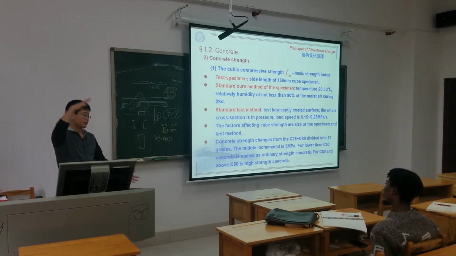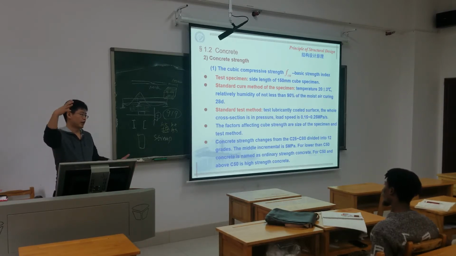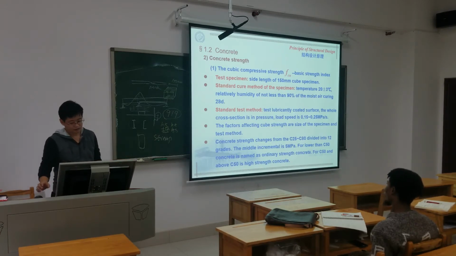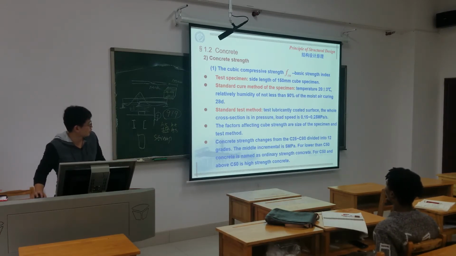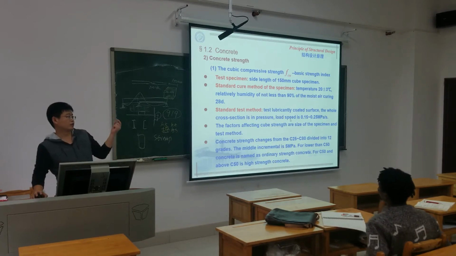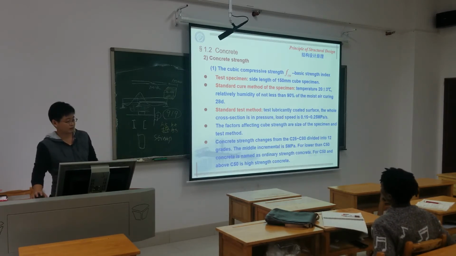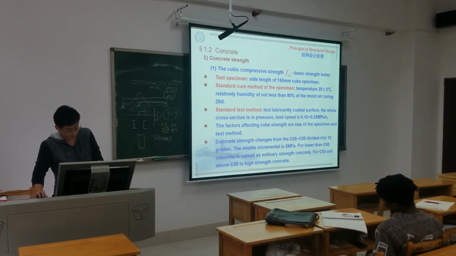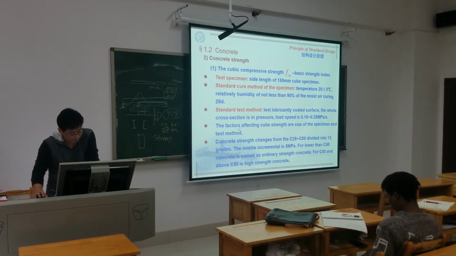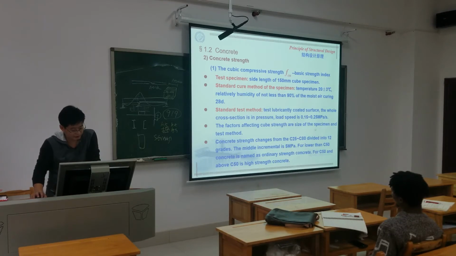We cannot suddenly put a very hard load, so you add the load gradually on the specimen. Given different load speeds, you will get different results. So the factors affecting cube strength are size and test method.